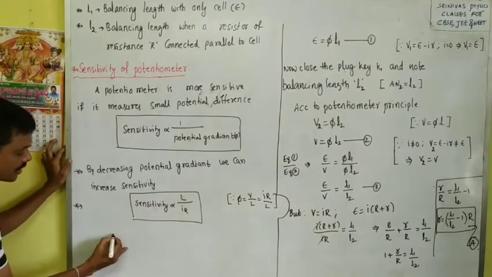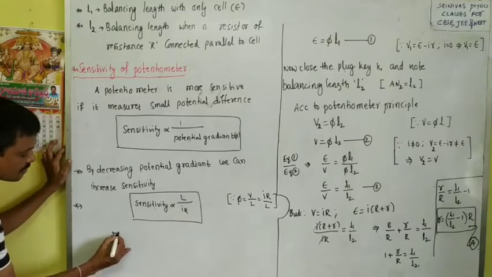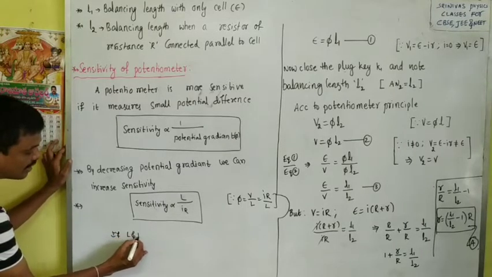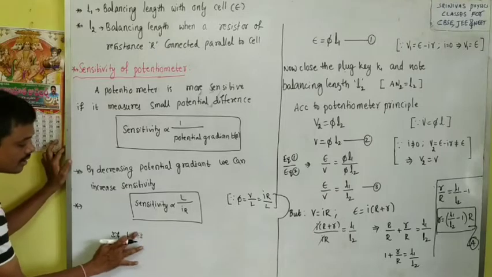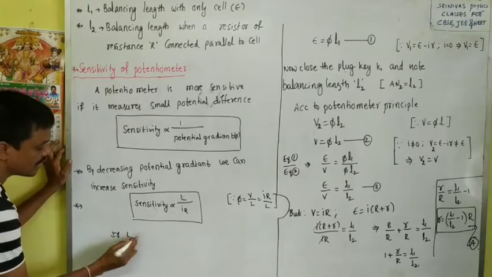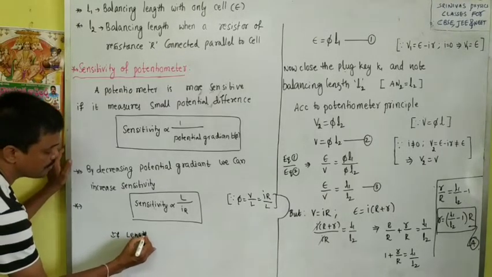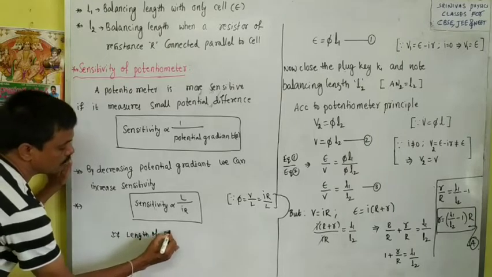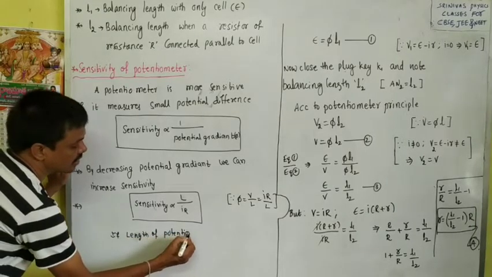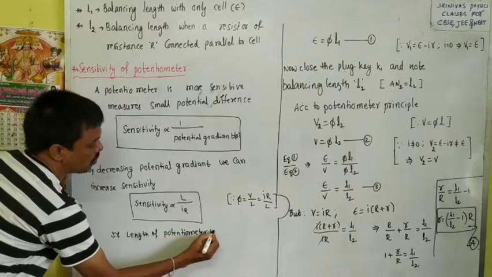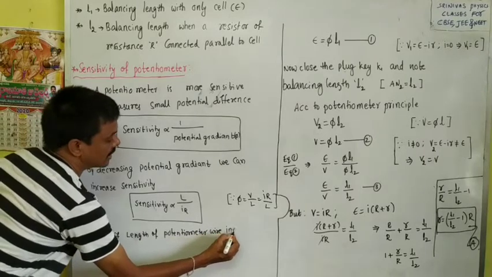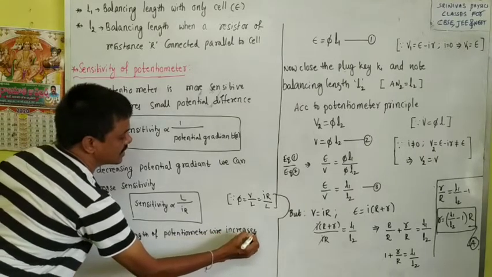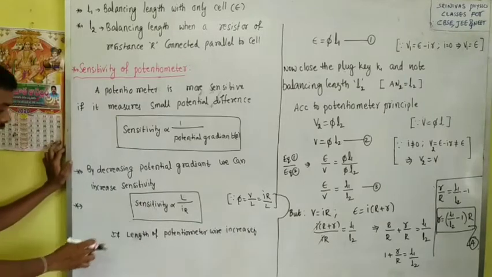Okay, if L, the length of the potentiometer wire, is increased, if L increases, then sensitivity increases.